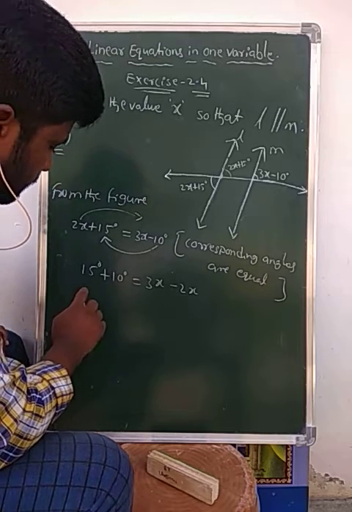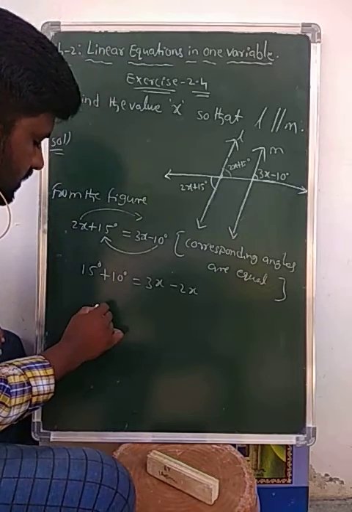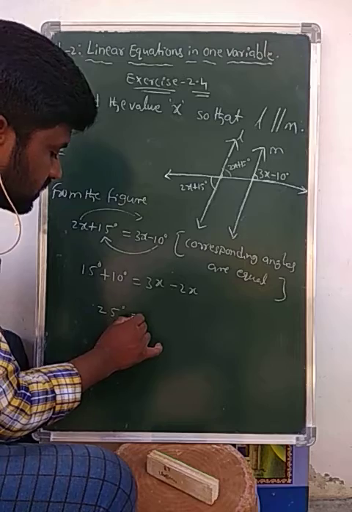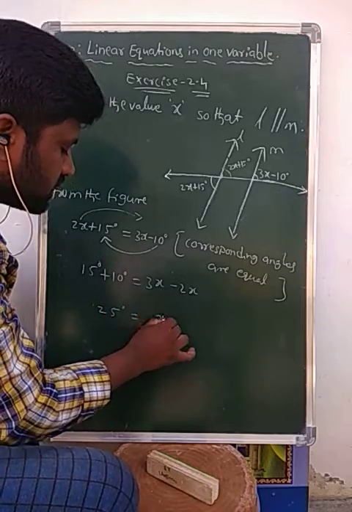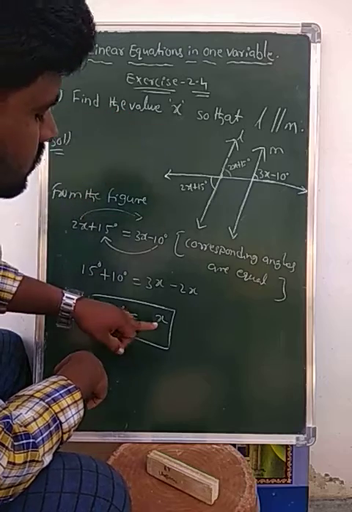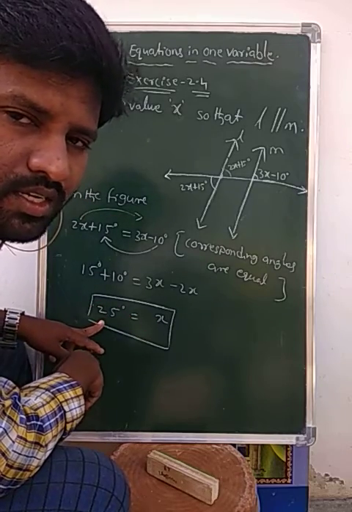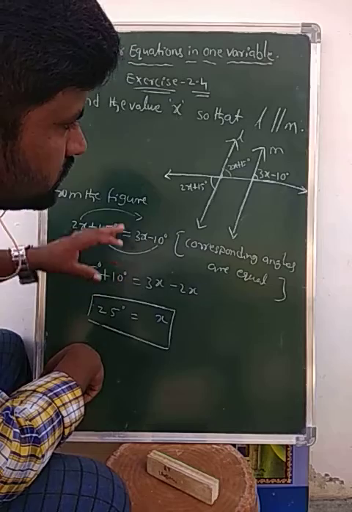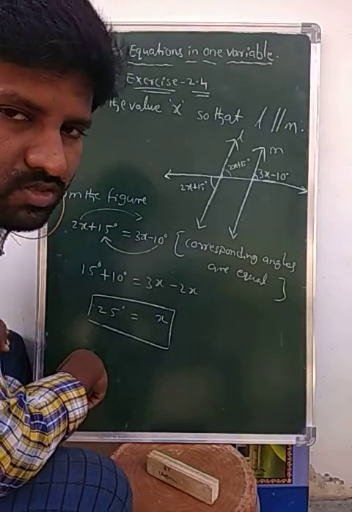Now 15 degrees plus 10 degrees, that is 25 degrees, is equal to 3x minus 2x, that is x. Therefore the value of x is 25 degrees. This is the required answer for this question.